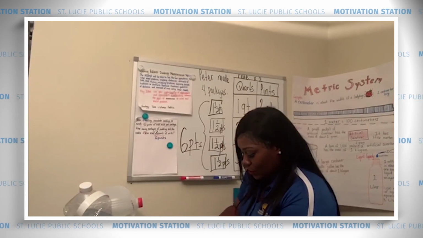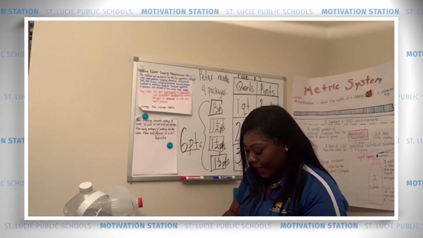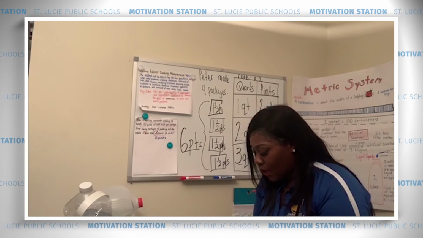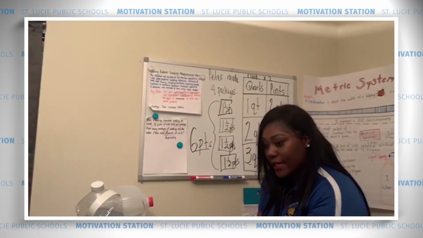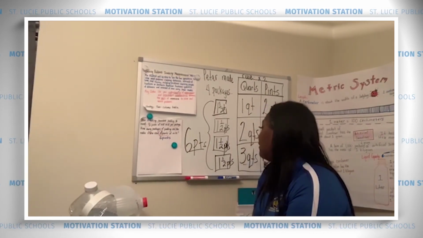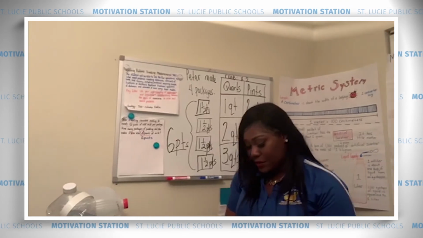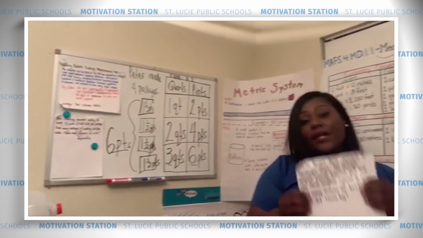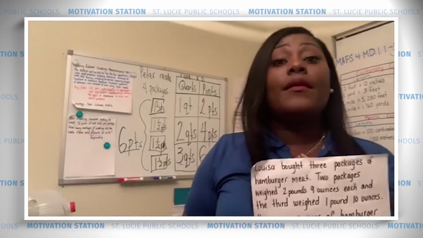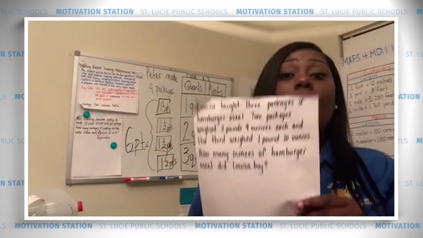All right, so I am out of time today. I do want to go over the next problem with you guys, give you guys something to work on in your spare time. Here's your next problem, and we're going to go over it in the next video on Thursday.